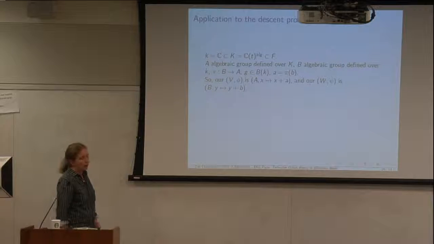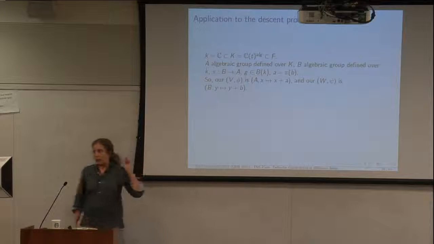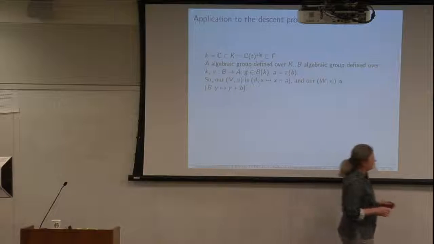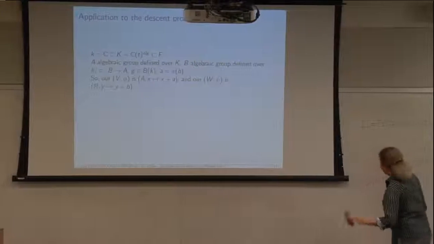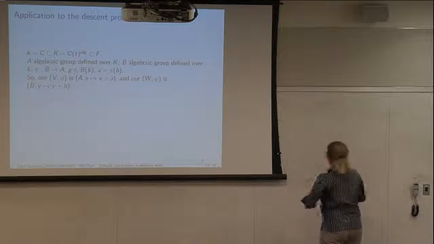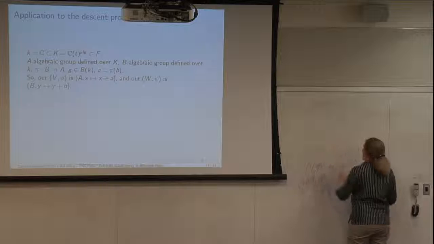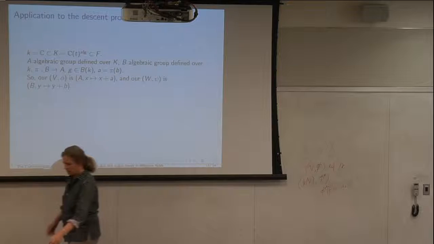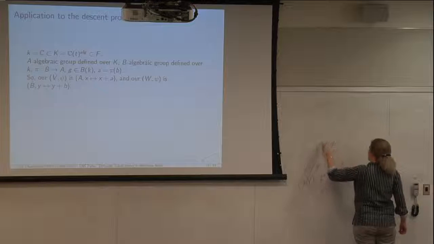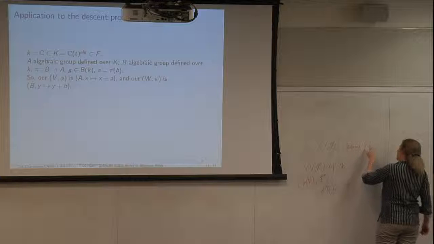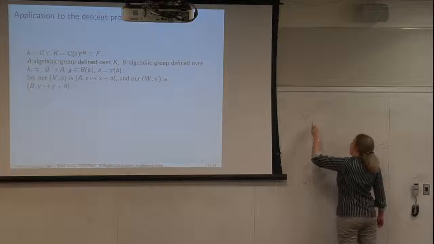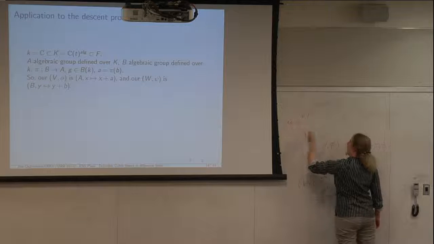So I have a small field which is C. I have a large field which is K. I have a variety V phi, which is defined over C of T. I have a W psi which dominates it, but which is defined over C, the small field.